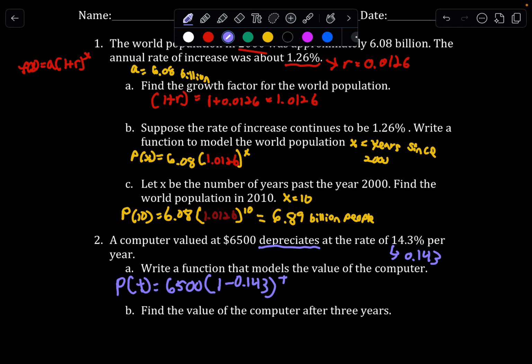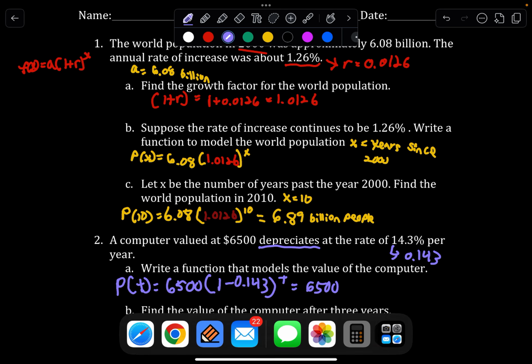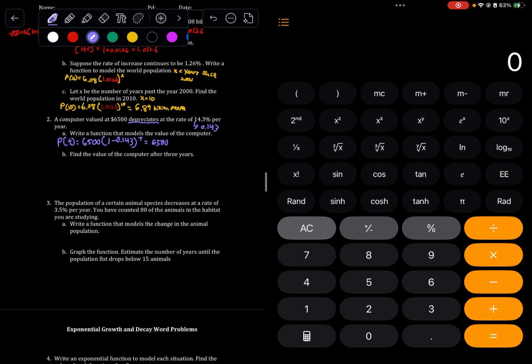Which equals 6,500. And now I just got to figure out what 1 minus 0.143 is. Go back to my trusty calculator. Again, you can't do this without a calculator. All right? So it's 1 minus 0.143. That works out to be 0.857.